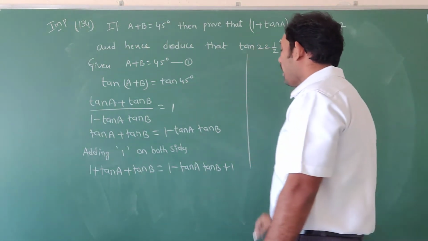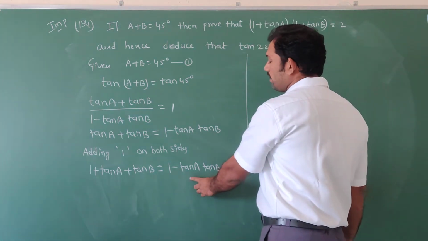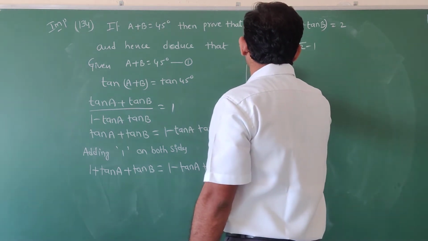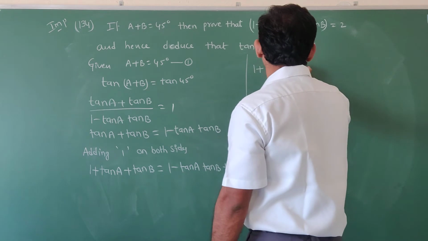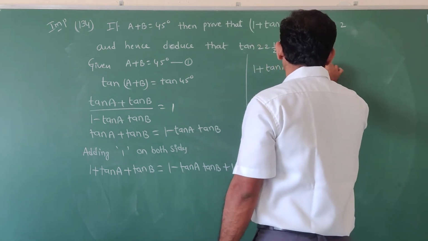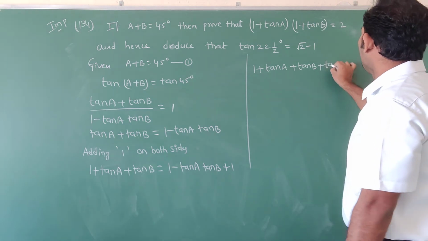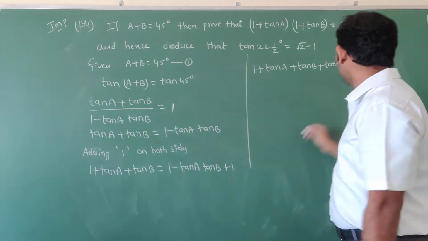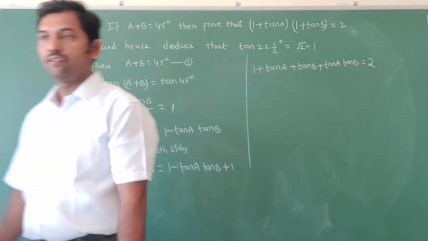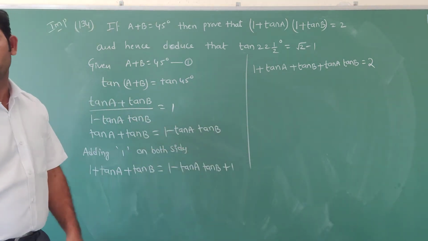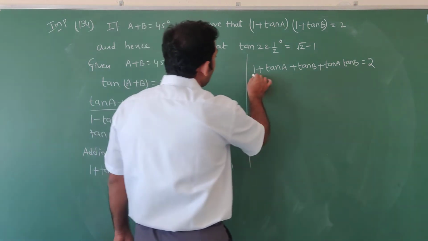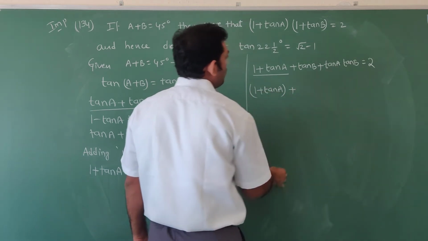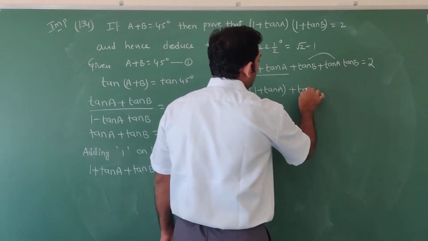Okay? Next, write all tan values on one side. So minus tan A tan B, write on the left hand side, means 1 plus tan A plus tan B plus tan A into tan B is equal to 1 plus 1, which is 2. Understand? Next, these two terms you write as one pair: 1 plus tan A, plus these two terms, tan B is common.